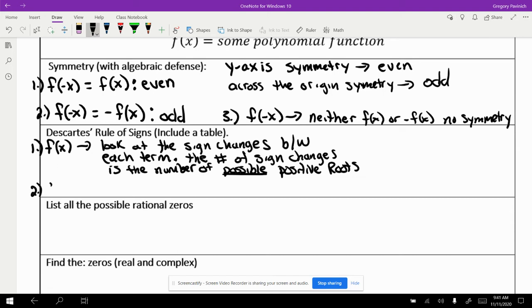Then you're going to plug the negative x in, which you could just take from up here. Like you've already done that. You plug the negative x in and you're going to have a different function because it's going to have the negative plugged in.